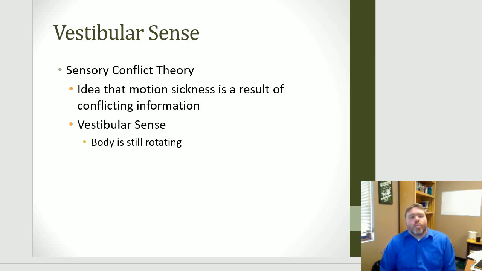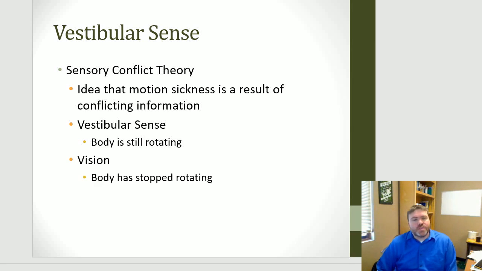So let's say you're standing up and you're just going to spin around really, really fast. Those little crystallized structures in your ears are going to begin spinning as well. And then if you stop, inertia still works on them. So the vestibular sense is trying to tell you that this body is still rotating, and it's sending those signals to the brain that the body is still rotating.